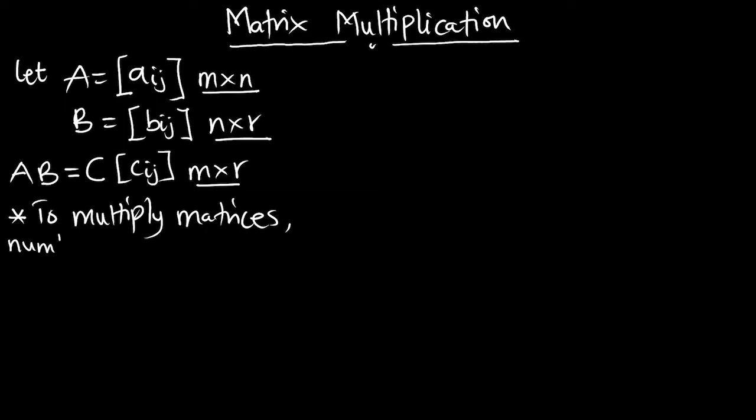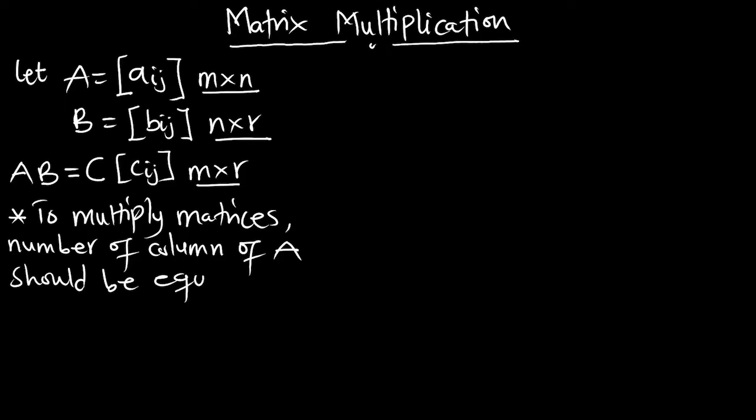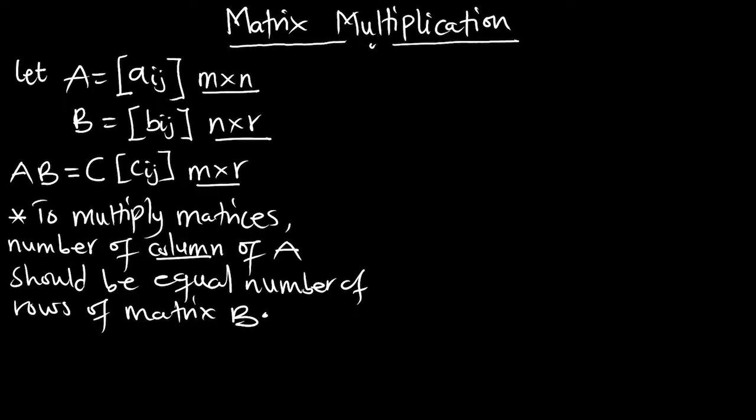Pay attention: the number of columns of matrix A should be equal to the number of rows of matrix B. This condition needs to be satisfied before we can do multiplication of any two or more matrices.